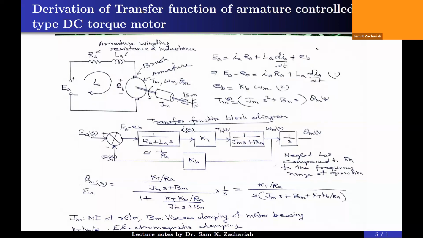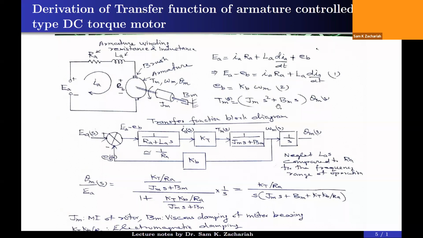Straightforward. Or you can say that EA minus EB is equal to IA into RA plus LA into dIA by dt. And there is an expression for EB. EB is equal to KB into omega m. We have just derived the back EMF expression. So this completes the electrical modeling of the motor.